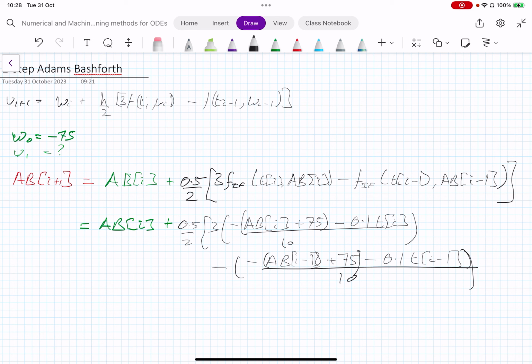That bracket there, that's the large bracket, and that's all divided by 10. Square bracket.